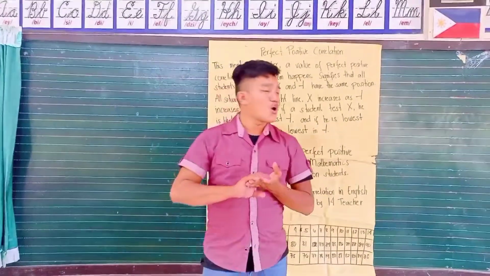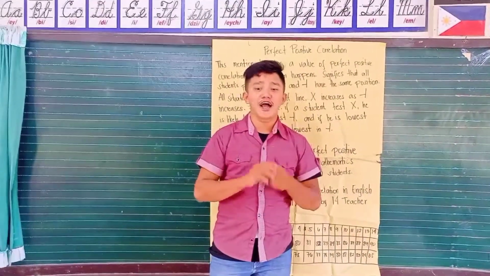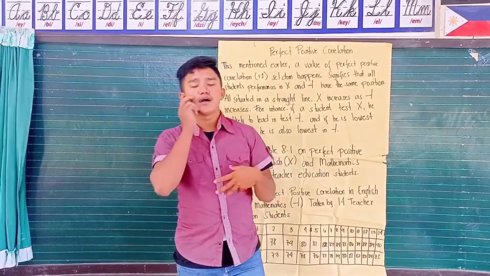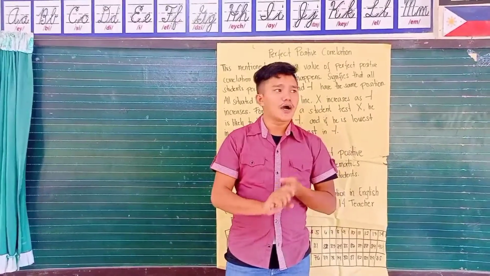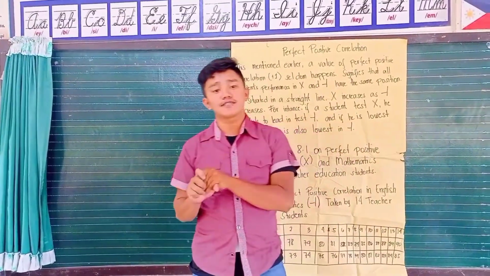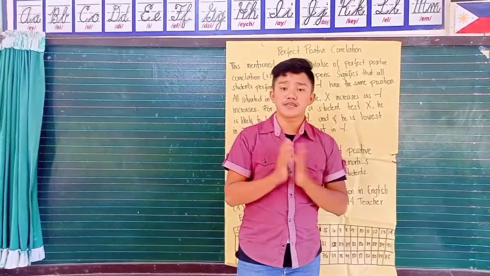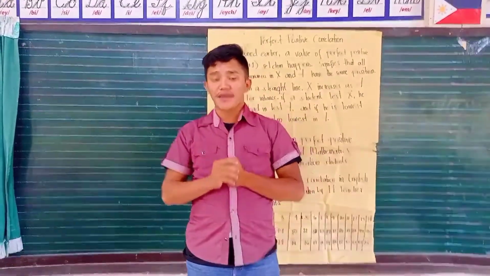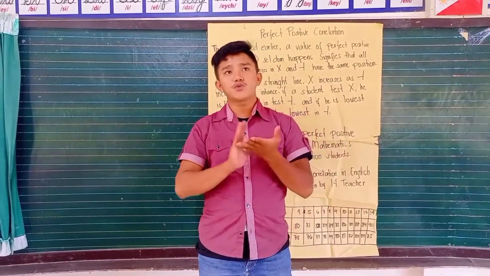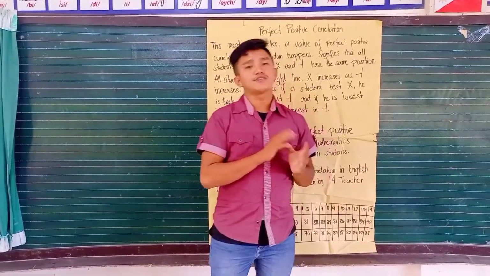As mentioned earlier, a value of perfect positive correlation seldom happens. It signifies that all student performances in X and Y have the same position, all situated in a straight line.